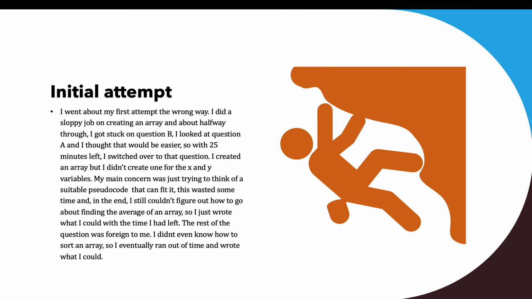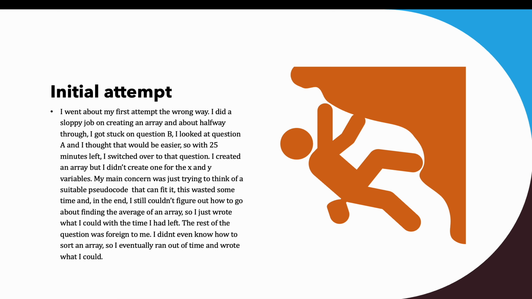But once I did figure out the array and then figured out the average, I was trying to figure out how do I sort the array at the end from largest to smallest, because I had no idea how to do that.